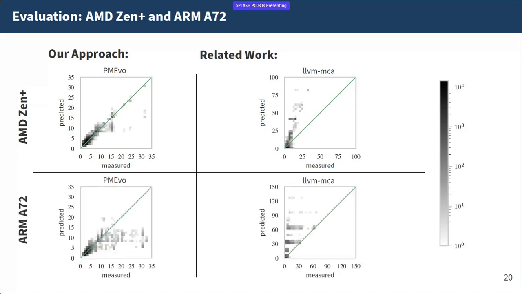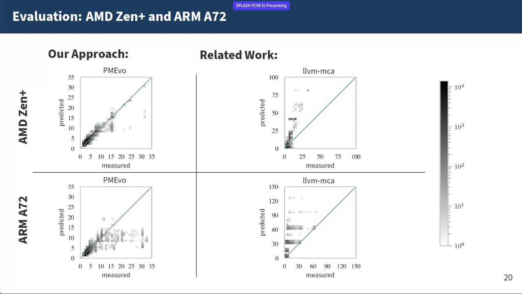We get a similar and even more extreme picture for the ARM platform. Here, we can also see some kind of deterioration with PMEvo's results. We do have underestimations of the required cycles, which might be related to the, at least in comparison to the x86 architecture, slightly more simple out-of-order engine, which means that they probably don't follow that well to the port mapping model, and there might be other resource constraints in there.